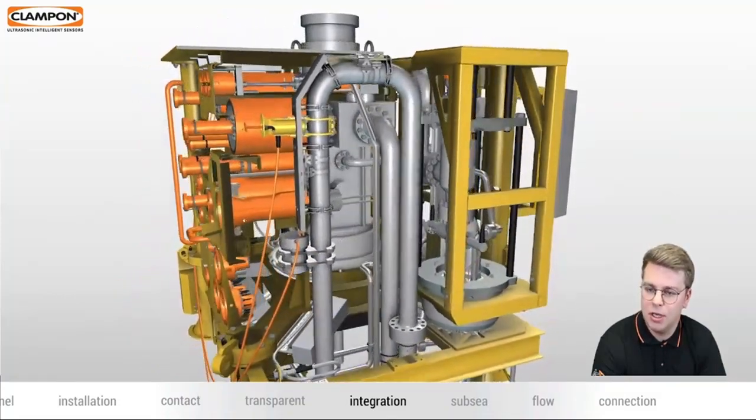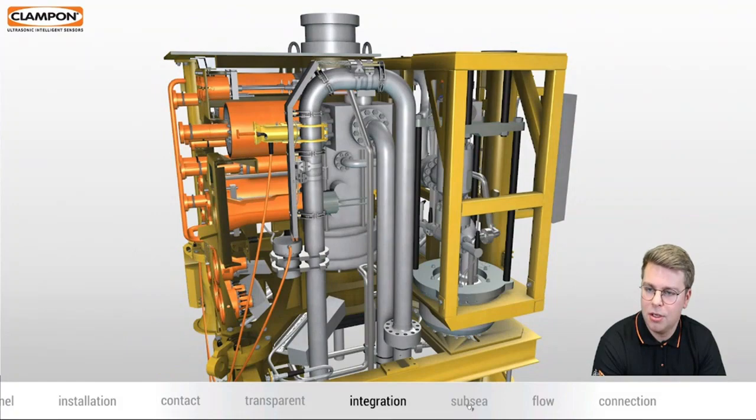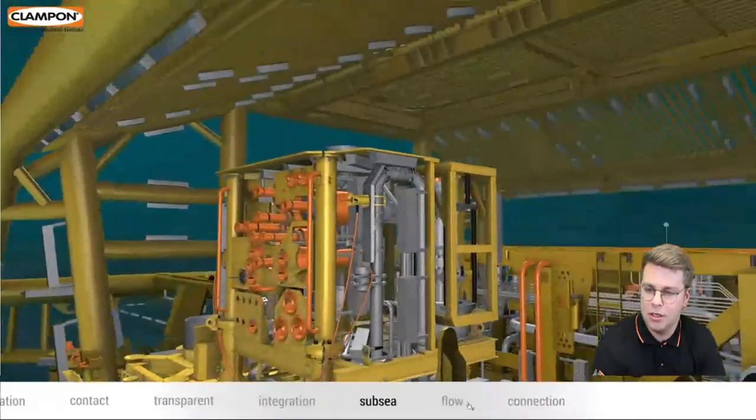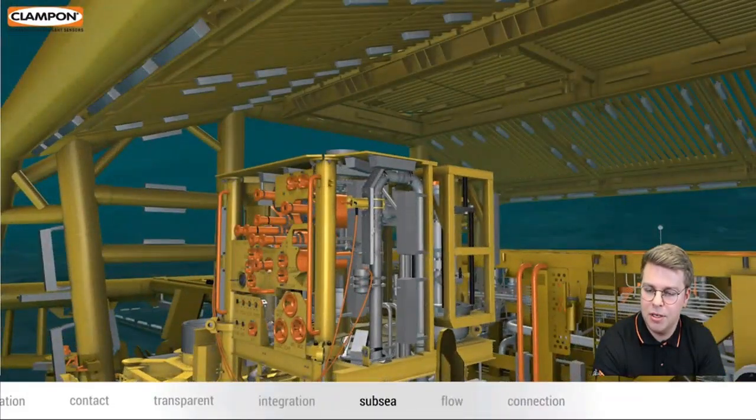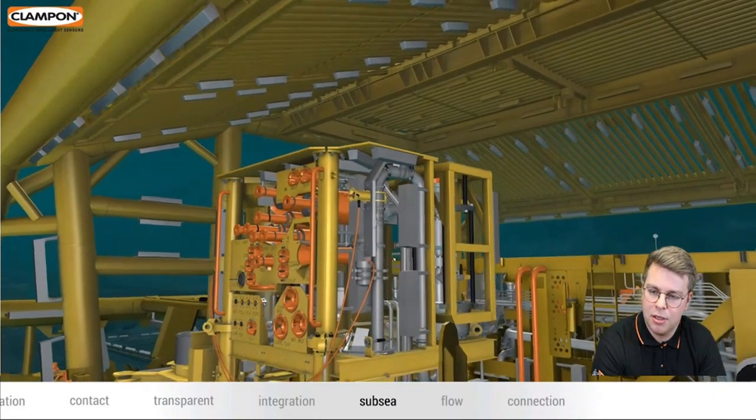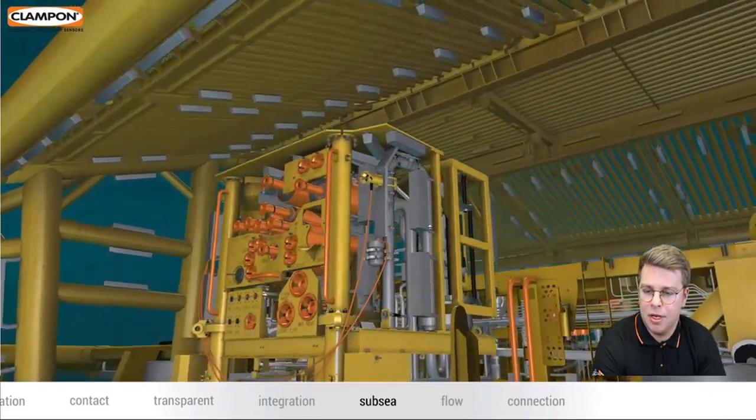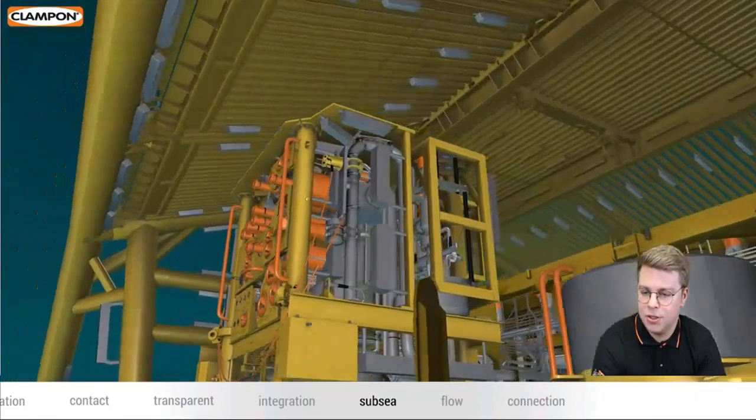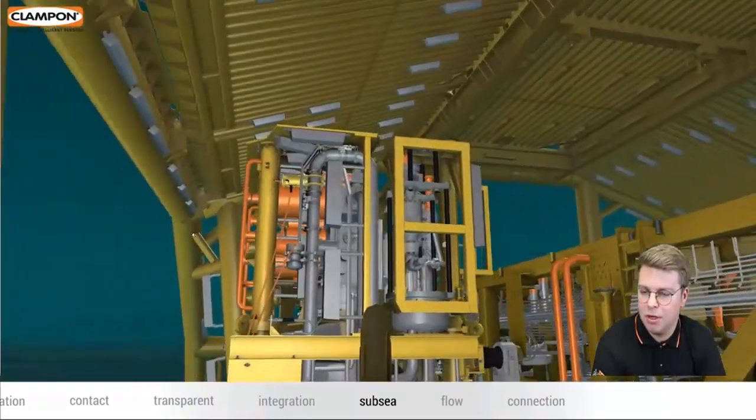Here you see a subsea control module. This has a sensor placed on the bend, and then you have the hose connected with a long cable here.